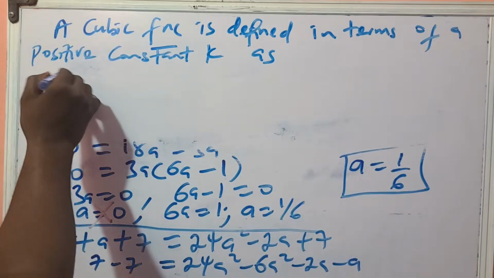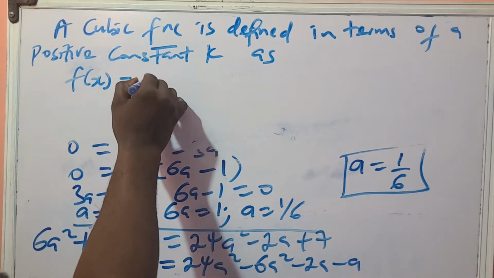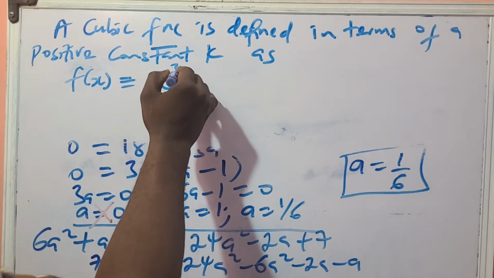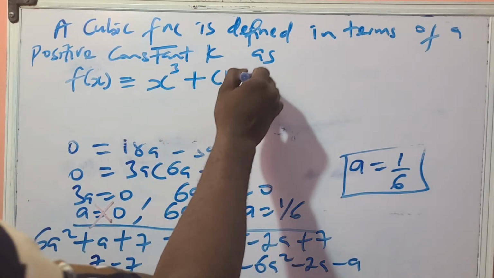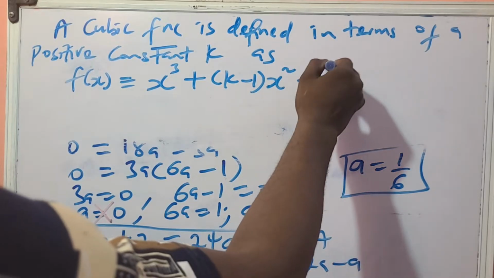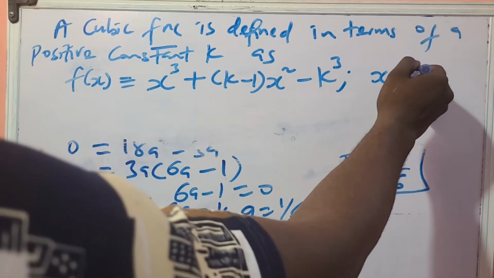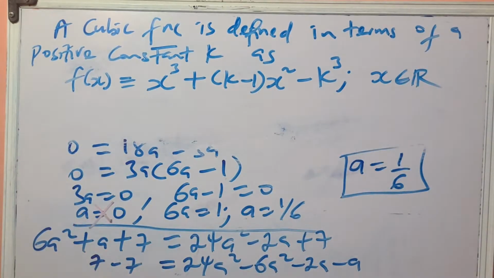And this is what is defined as f of x being equivalent to x cubed plus k minus 1 x squared minus k cubed. And again, your x is an element of real numbers.